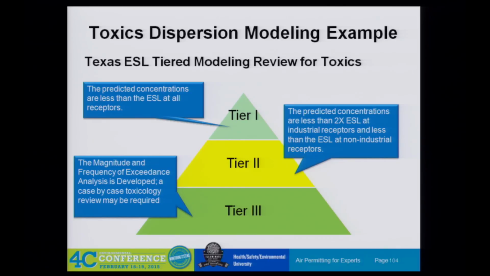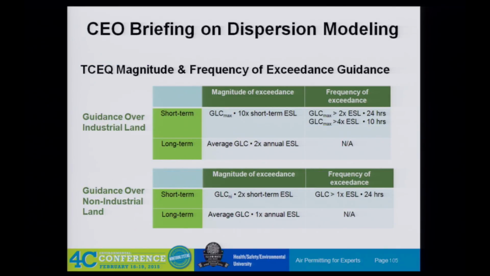So they've developed these guidelines for magnitude and frequency analysis. They've divided all their benchmarks by what kind of receptor it is. Is it over industrial land? Is it over non-industrial land? You can see that they're saying here, if the maximum ground level concentration, they would really like to see it less than 10 times the ESL, at least for no more than 1 hour a year.